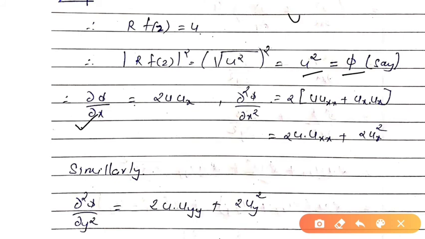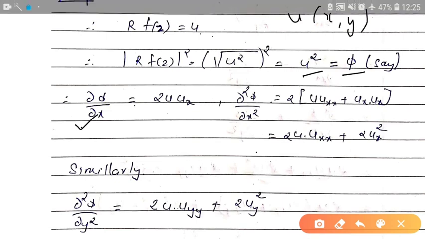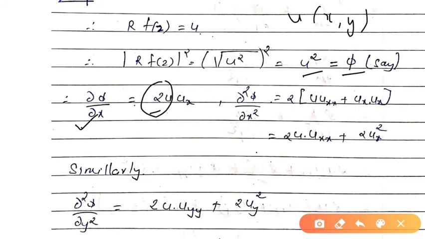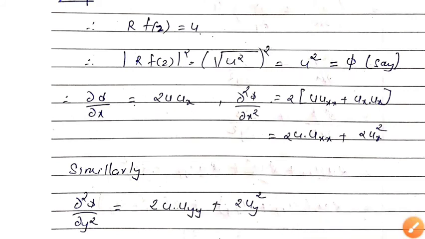Now we know that u is a function of x and y. So what will be the differentiation of u square? It is 2u, and the differentiation of u is ux.